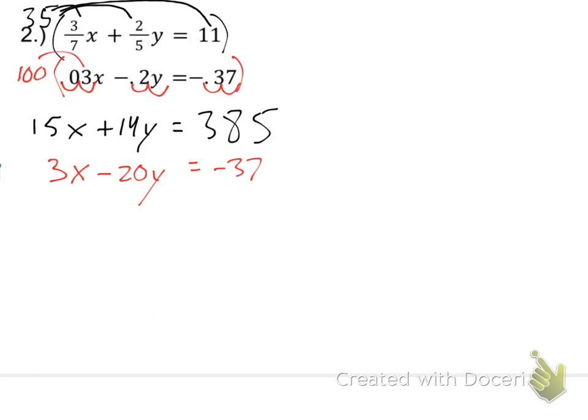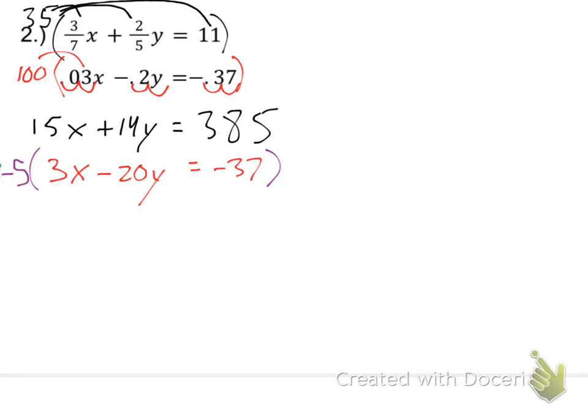So if I was going to use elimination, which is my preferred method here, which variable are you guys going to get rid of first? The x's. So you're going to multiply which equation by how much? You're going to multiply the bottom one by 5. Not 5, but yes, negative 5. Why negative 5 instead of 5? So you can cancel it out. You could cancel it both ways, actually.